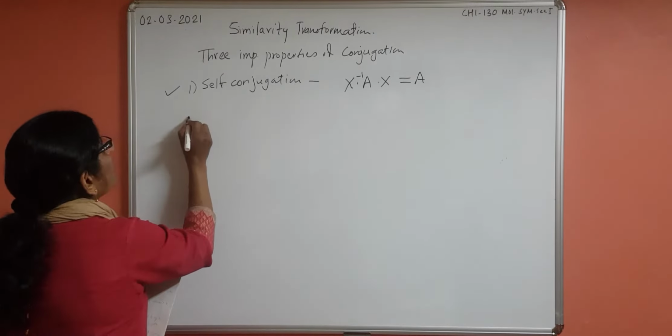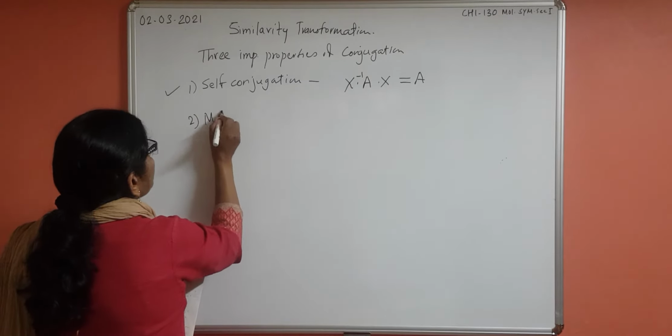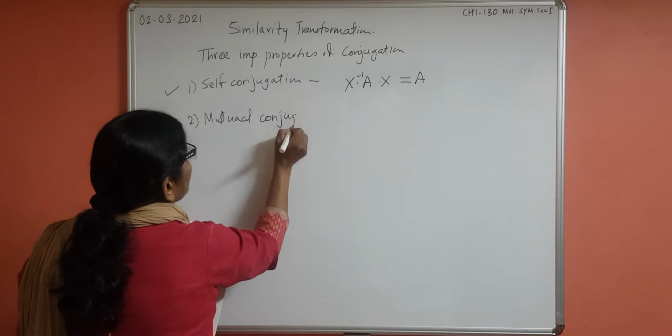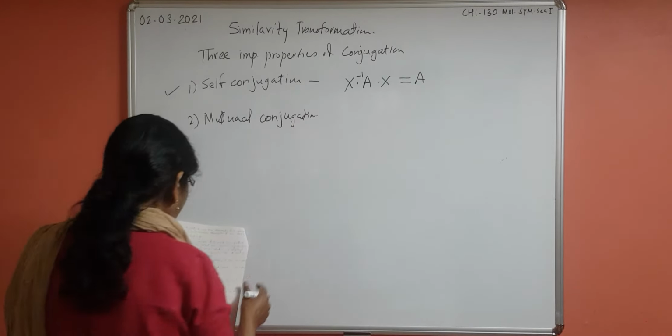Second point is mutual conjugation. In mutual conjugation, two symmetry elements will be involved. Earlier we did that example.